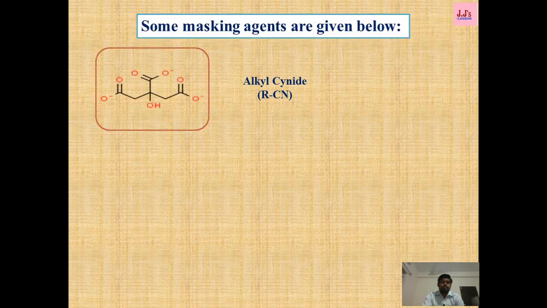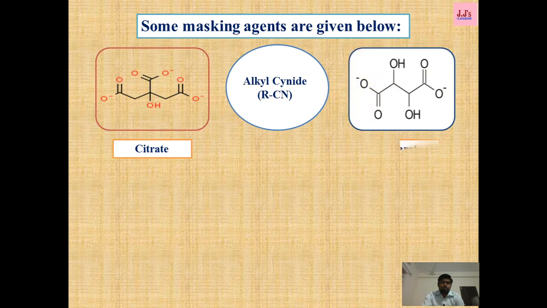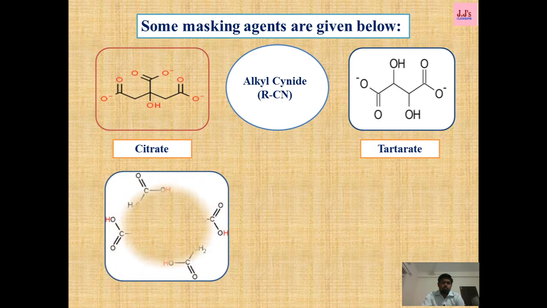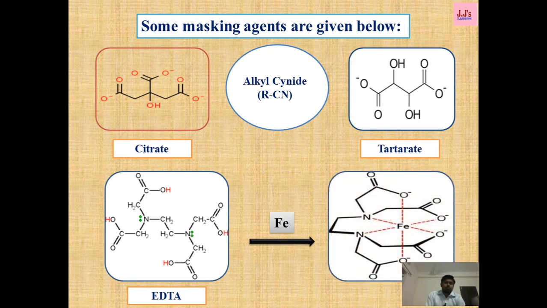Some masking agents are given here. First one is called citrate. Second one is the alkali cyanide. Third one is called tartrate. Fourth one, that is the mechanism here, is EDTA. When you add EDTA in the aqueous solution having iron, what happens? It forms a complex like this.